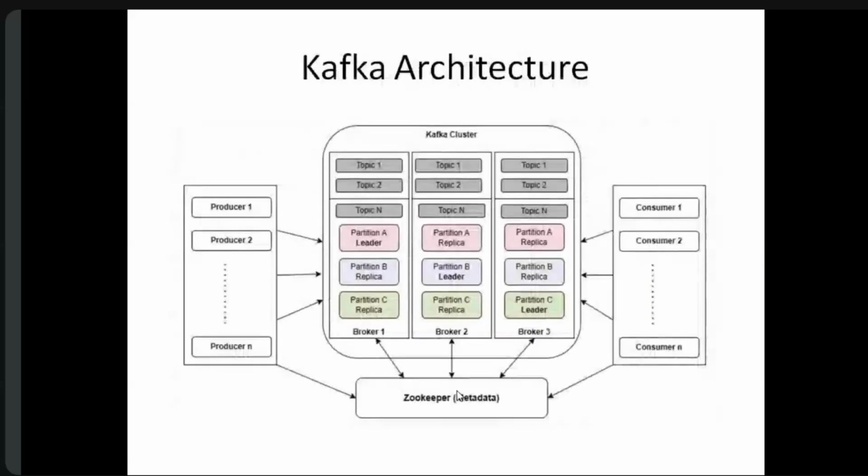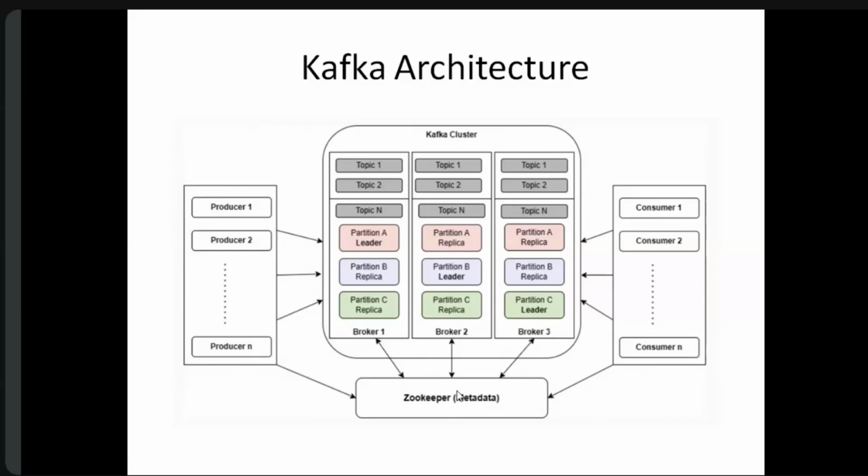Now, if producer one wants to send the data, will producer one send the data only to broker one, or can it be sent to any broker like broker two or broker three also?